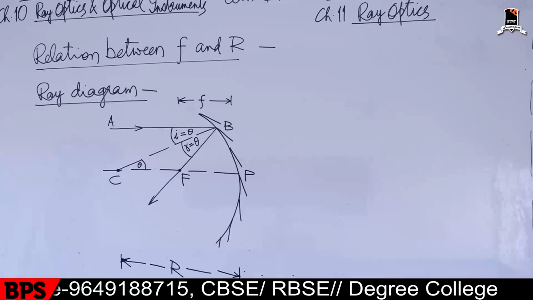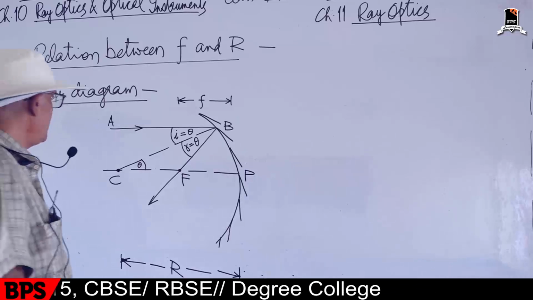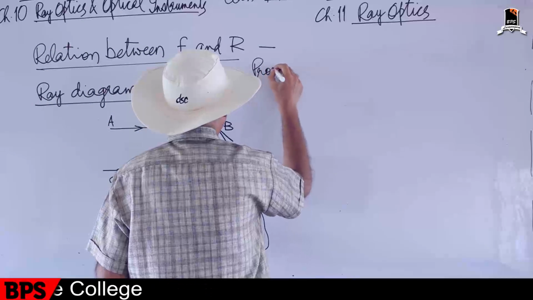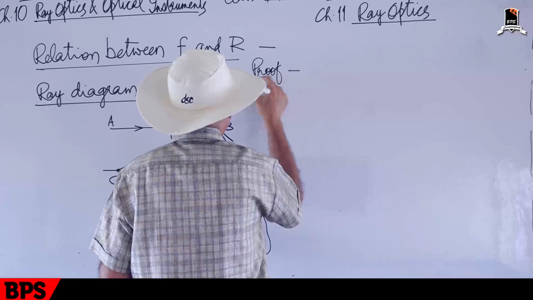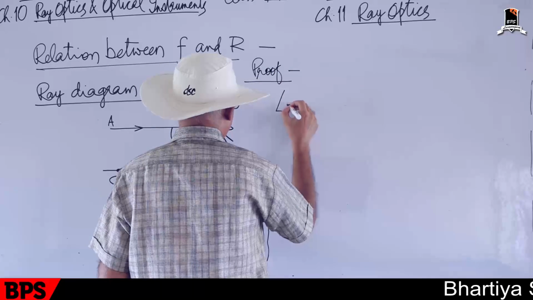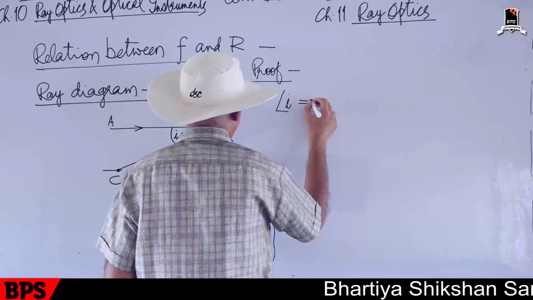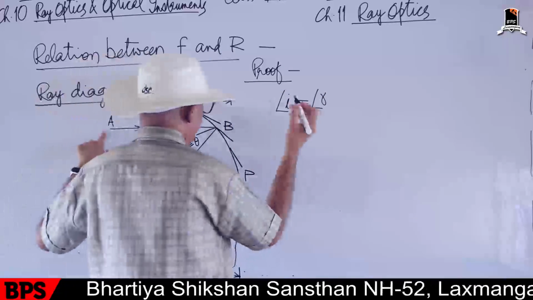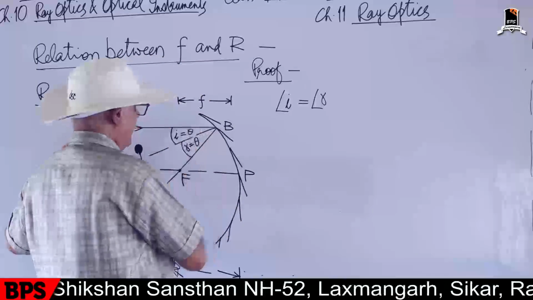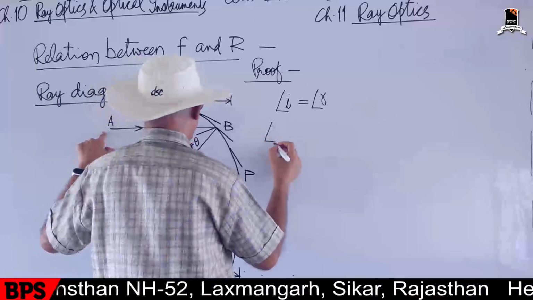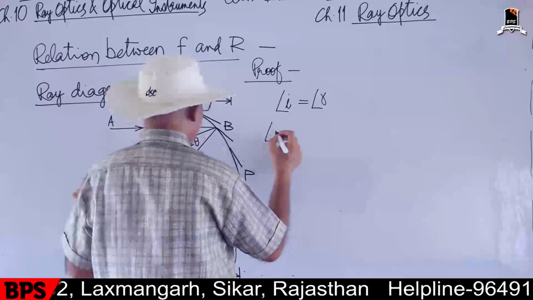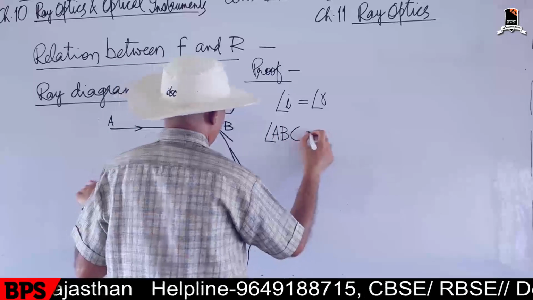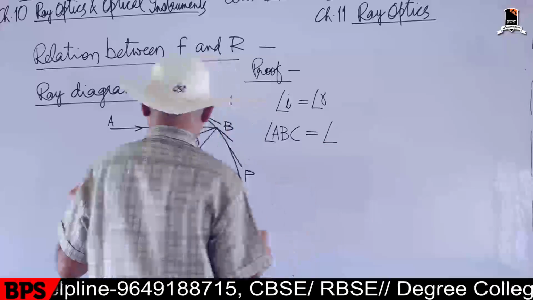Let us start the proof. First of all, take the reflection law, angle I is equal to angle R, which means here in the ray diagram, this angle I is angle ABC, equal to angle R. Angle R is what?